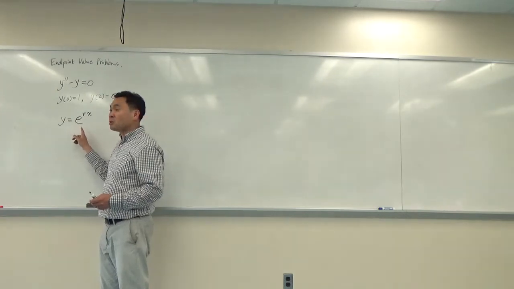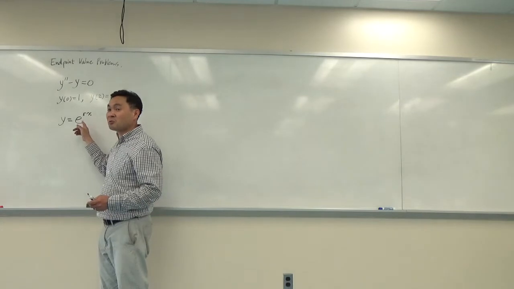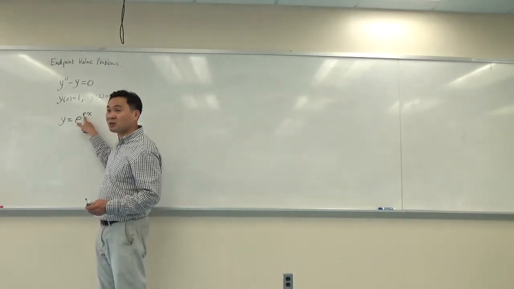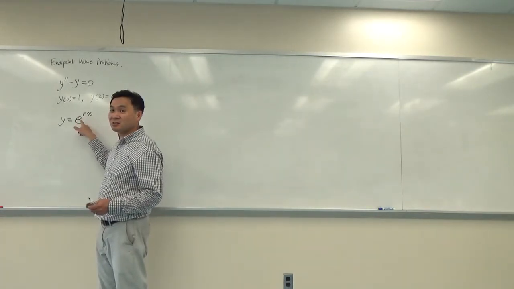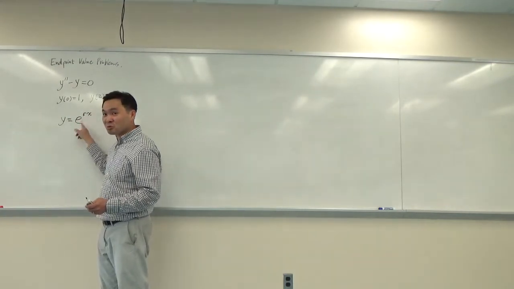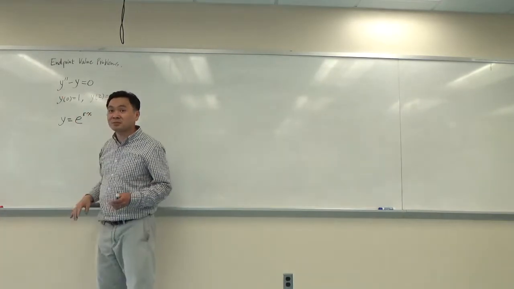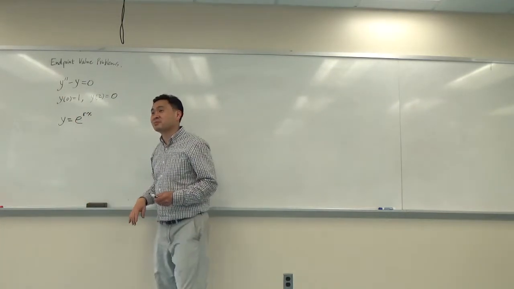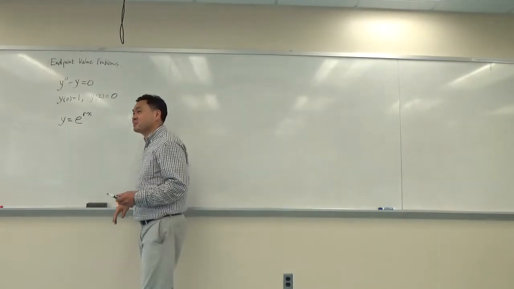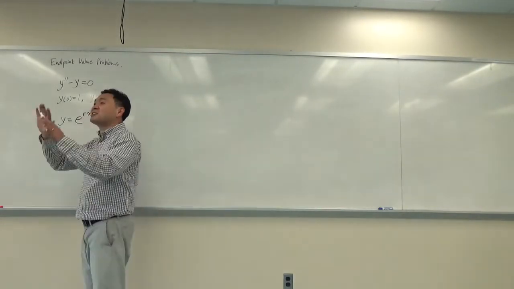So if we have that educated guess, if we have that clue, what should we do? How should we find out the r? I know that this is the form of the solution. How would you know the exact value of r that would satisfy this? Yeah? You make it r squared minus 1. Okay, so that's the end of the story.